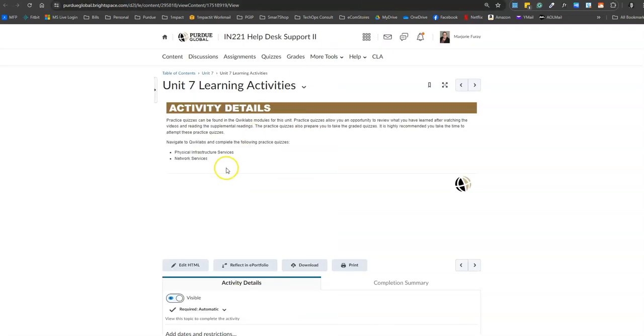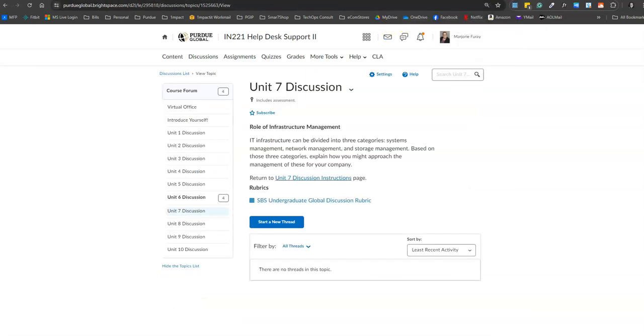Your learning activities, your quizzes, physical infrastructure services, and network services. Then your discussion is: IT infrastructure can be divided into 3 categories: systems management, network management, and storage management. Based on these 3 categories, explain how you might approach the management of these for your company.